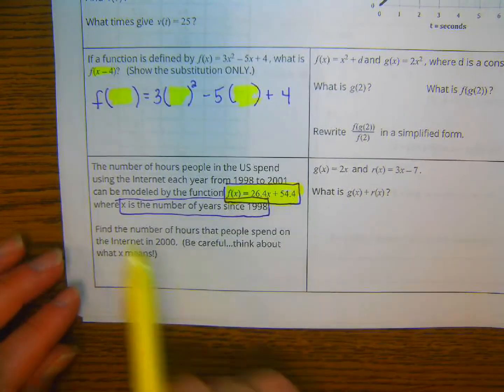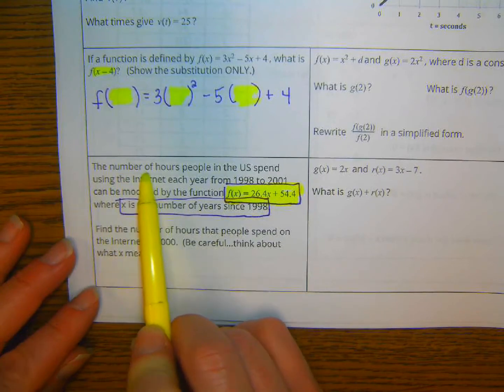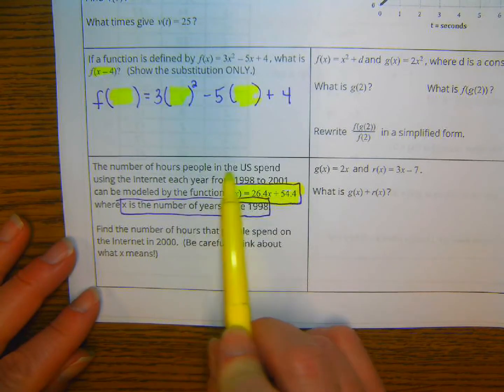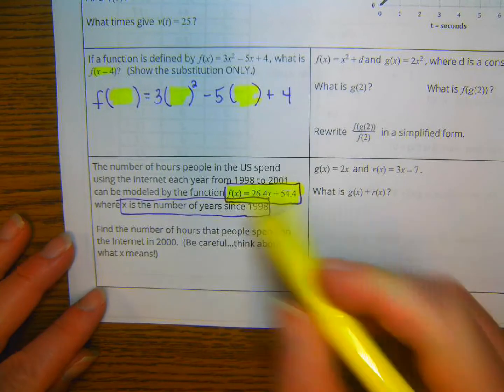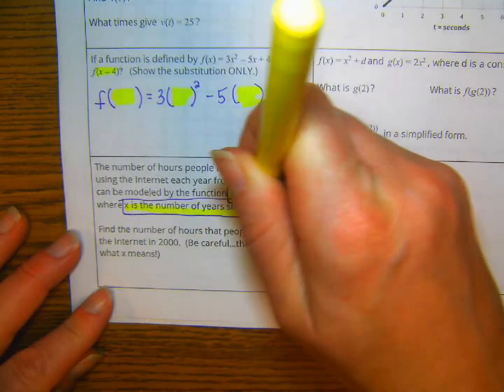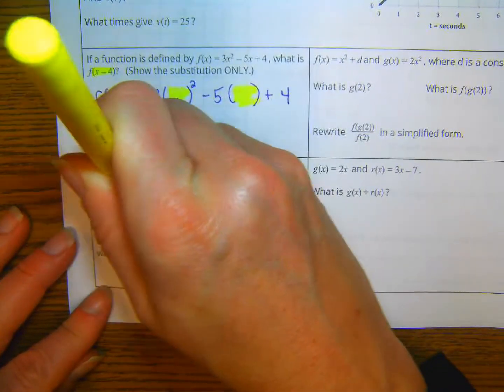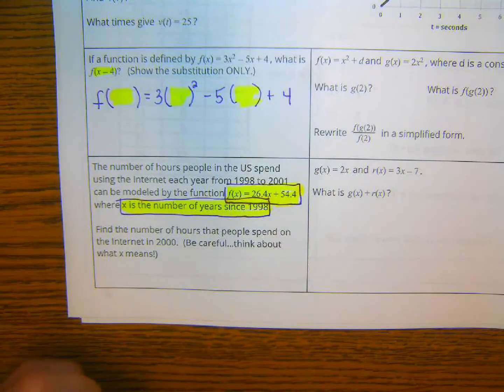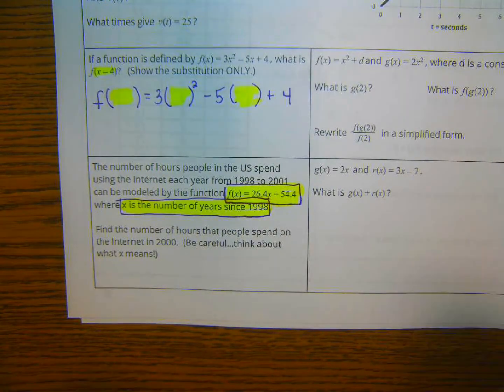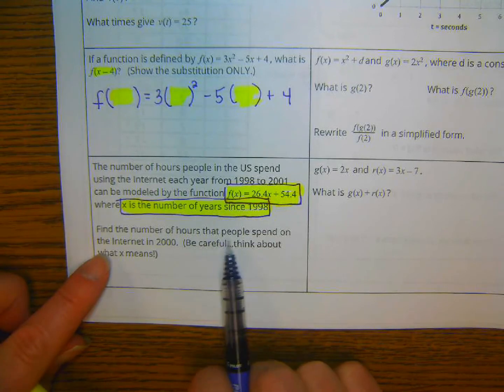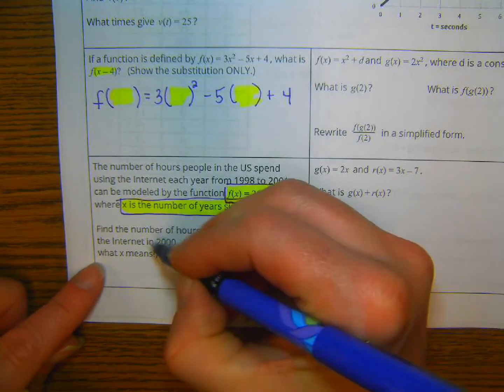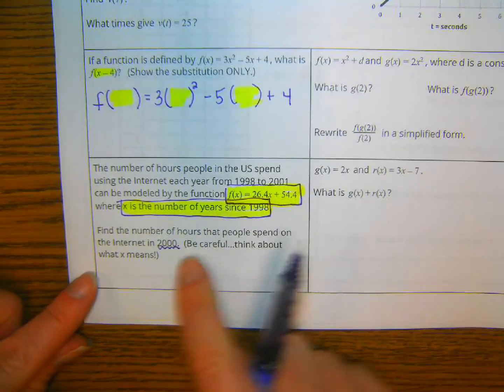Okay. My function is going to output the number of hours people are on this. That's what it's going to output. X is the number of years, be careful, since 1998. So what were the number of hours that people spent on the internet in the year 2000? Okay, now let's go. What am I going to put in for X?